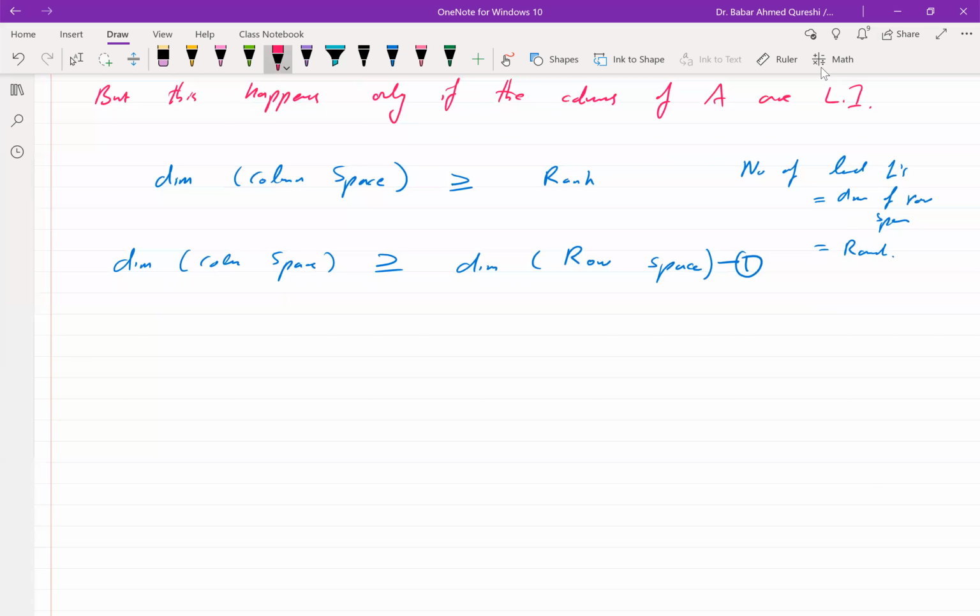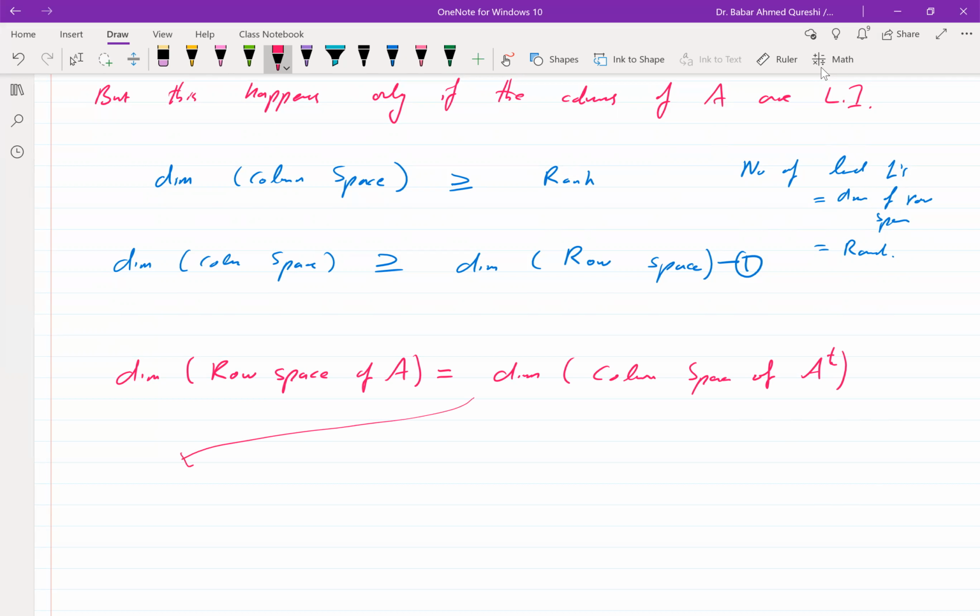I write the dimension of row space of A is equal to, obviously, the dimension of column space of A transpose, because if I do the transpose, those rows are replaced by the columns.